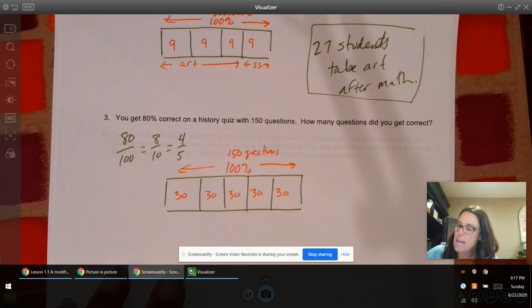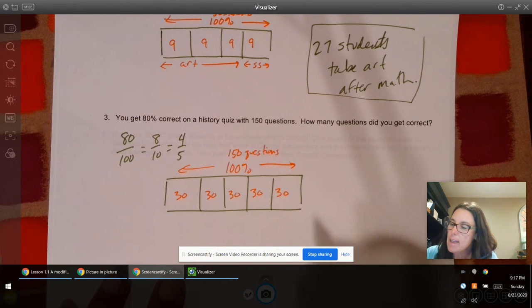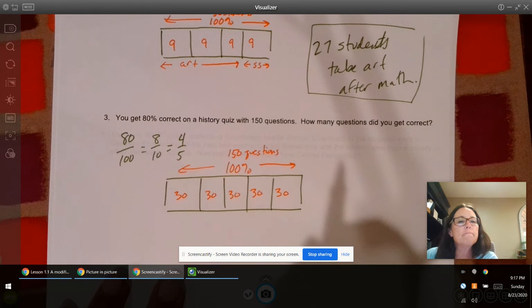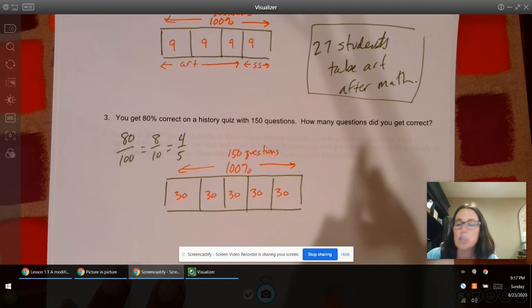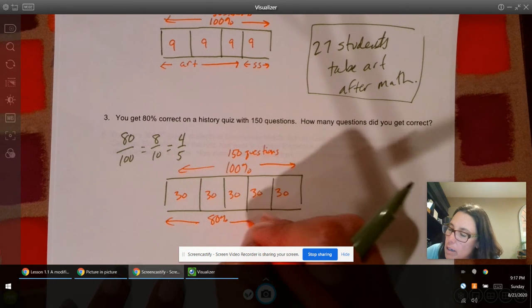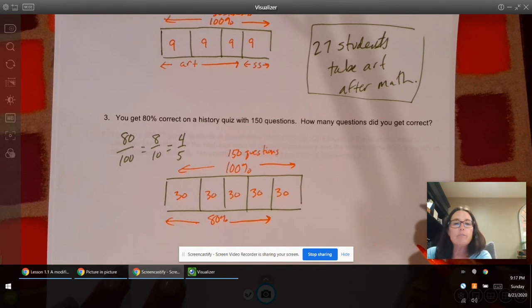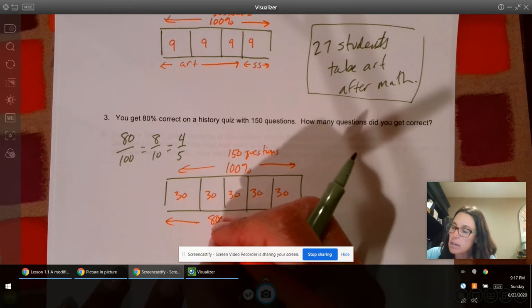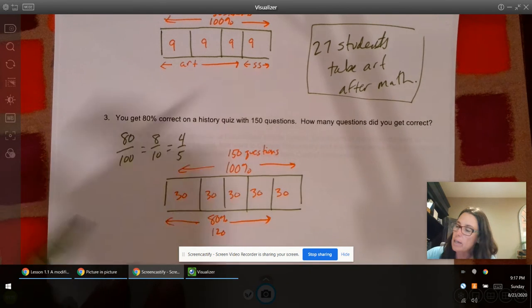Now, if we want to look at 80%, 80% would be 4 of the 5 boxes. Do you understand that there's 20% in each box? So 80% would be 4, and 4 times 30 is 120.